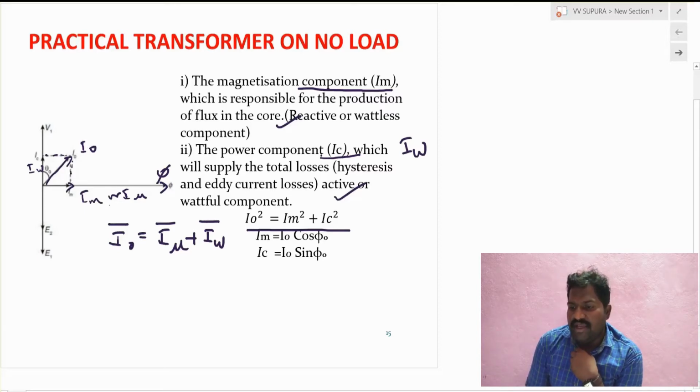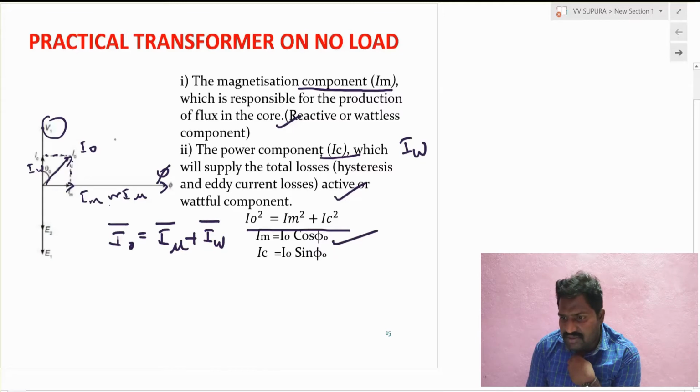Now the phase angle between V1 and I naught is nothing but the no load power angle, phi naught. From this diagram we can write IW as I naught cos phi naught.